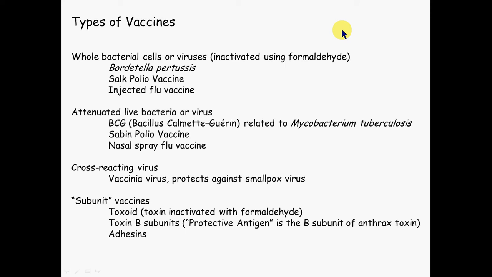So that's possible. Let's go on. Also, adhesins. We've talked about things like pili that are used by bacteria to adhere to host cell surfaces. They make good vaccines too, because if the person makes antibodies against them, they will not function to cause adhesion.